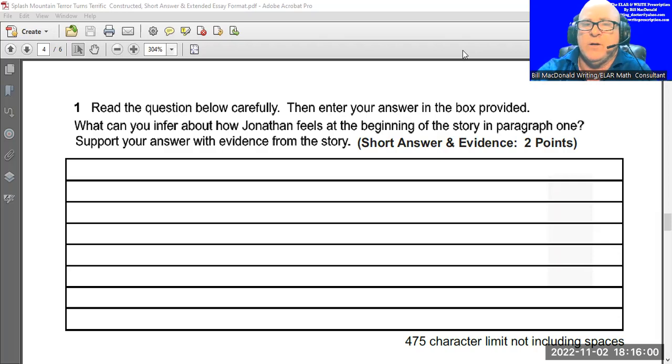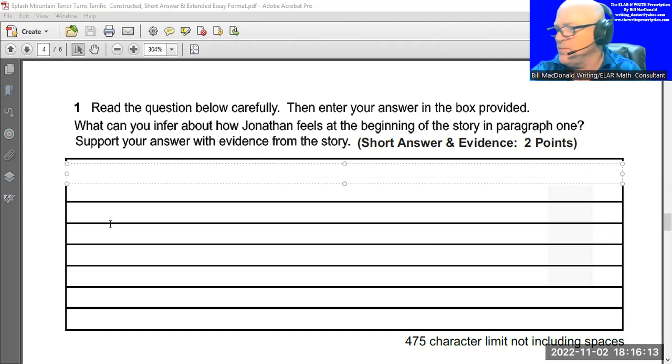So I'm going to type my response here and pretend like it's my actual online computer response. All I'm doing is using Zoom, but basically it's the same concept. I did a lot of my strategies on paper. You can highlight here as well, but I've already done all that.